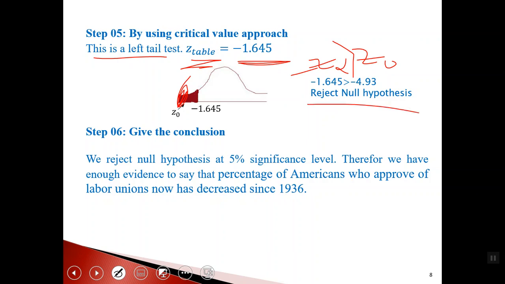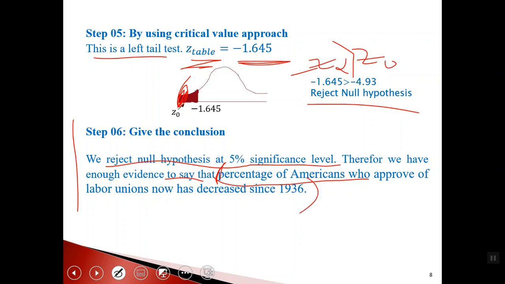At the end, give the interpretation. We reject our null hypothesis at the 5% significance level. This is the formal way to say what is going on here. So we have enough evidence to say that the percentage of Americans, from here to here, what they have given here.